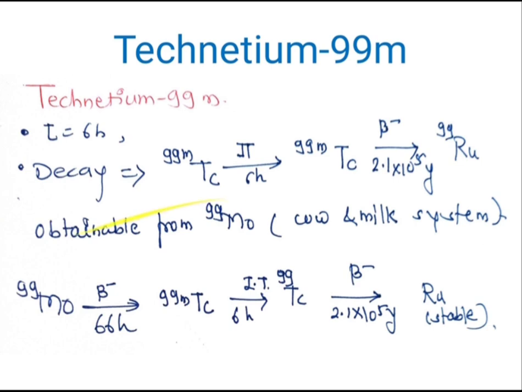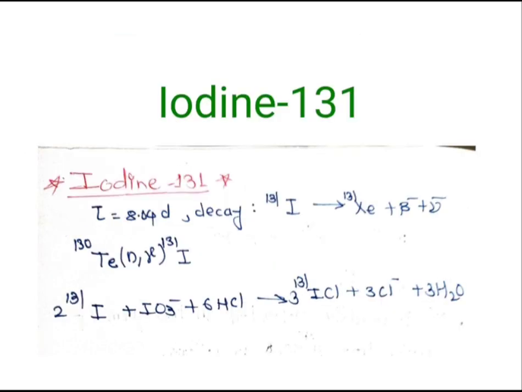Then we will see the last isotope, iodine 131. Its half-life is given as 8.04 days and its decay reaction is iodine 131. When it undergoes beta minus decay, there is a formation of xenon 131.